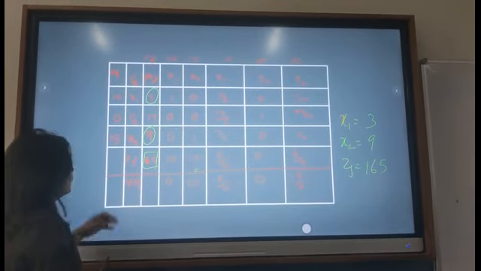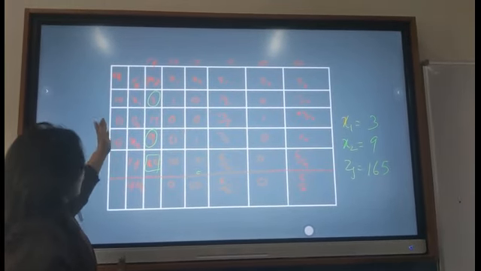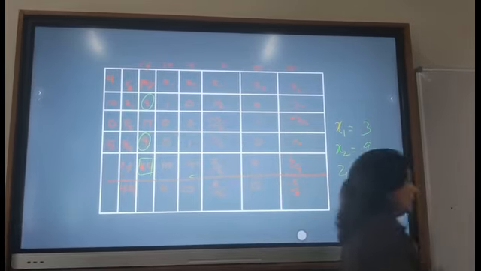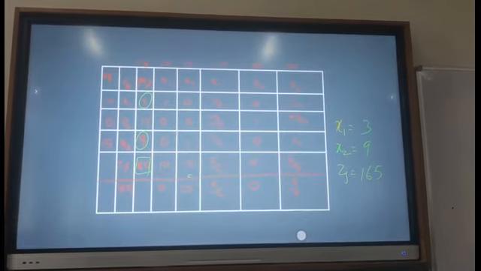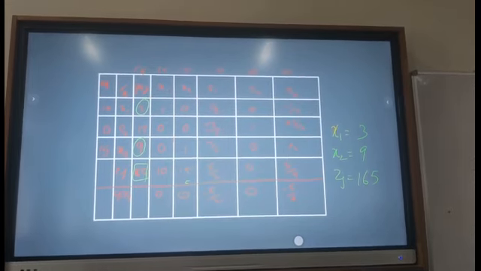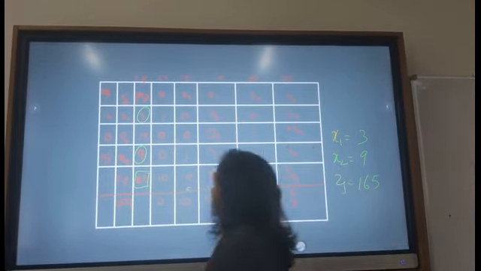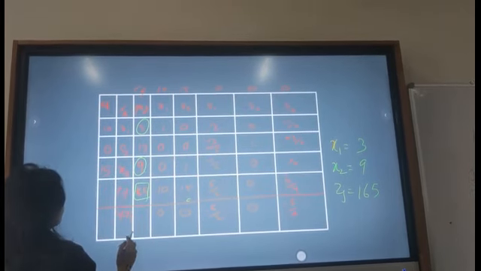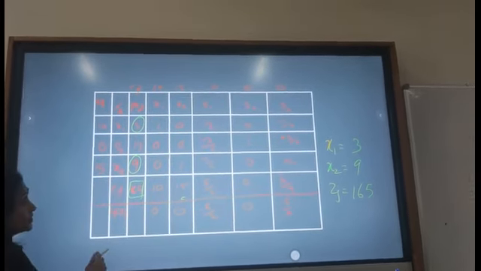Okay, what will I do? I will write down old row S2 of table 2. What is the old row?